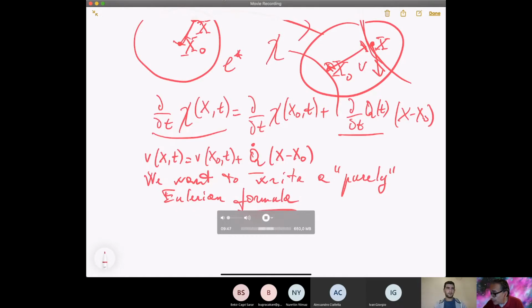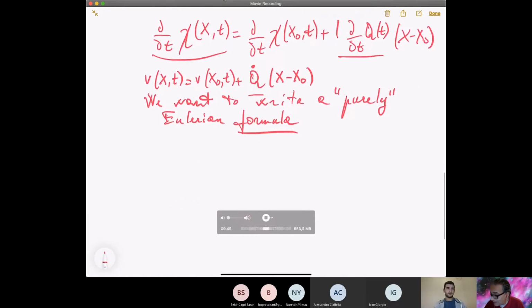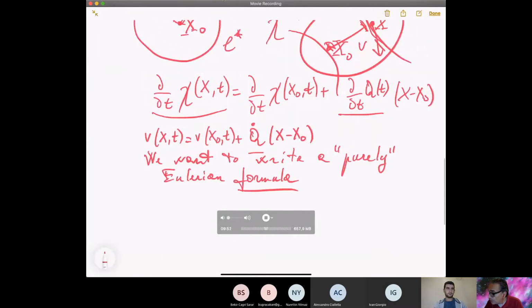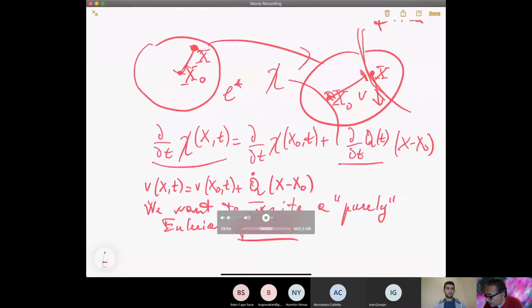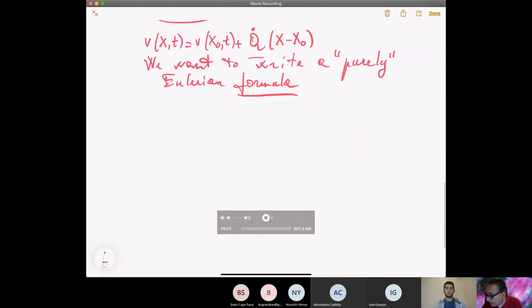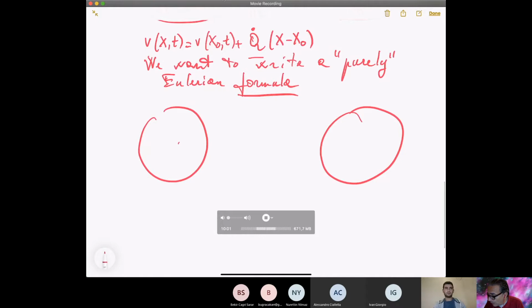So we want to write, and this is rather difficult to understand. So let us spend some time on this. We have a body which is moving, we follow the motion of material particles.